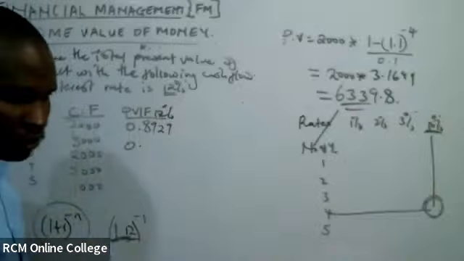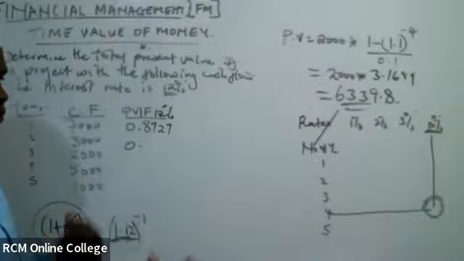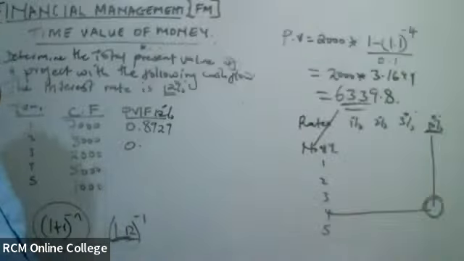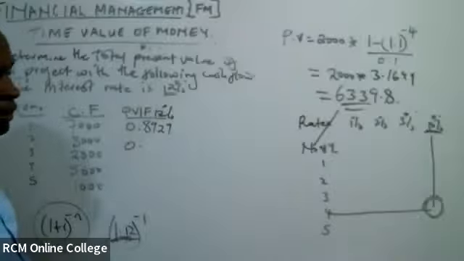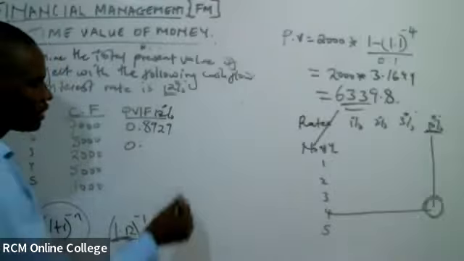Ya pili, twende ya pili tafadhali. It will be 0 point something as well. Let's move. It's something that once you practice as many times as possible, it will become very simple. Ya pili, 0.7972.